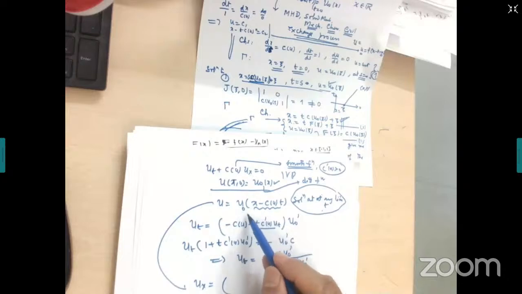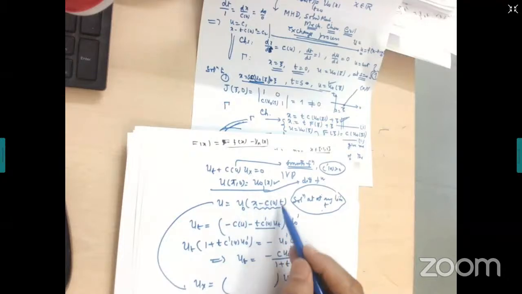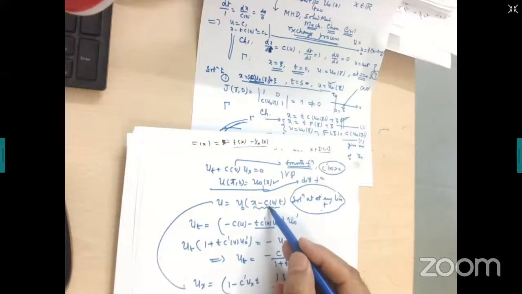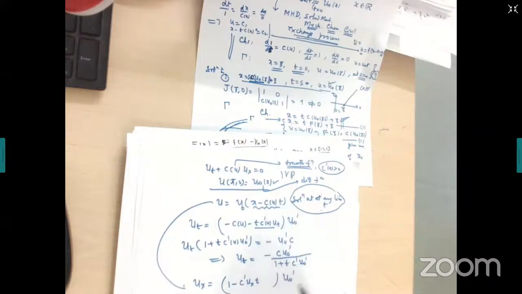The ordinary derivative of u naught with respect to this argument, let me call it u naught prime, and the derivative of the argument with respect to x, that is 1 minus c dash into u x into t. c prime, c is a function of u, in turn u is a function of x, chain rule. So u sub x.